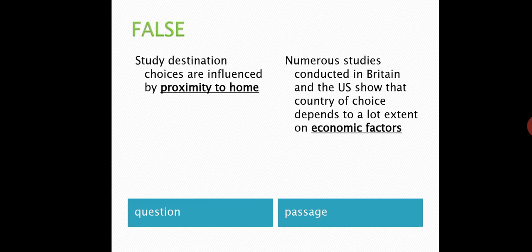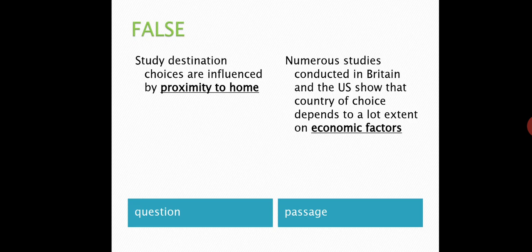Study destination choices are influenced by proximity to home. So, if I am going to translate that, people, listen to me. Hear me out, my students, okay? Whenever you see questions from the statements, you will be seeing a lot of them.